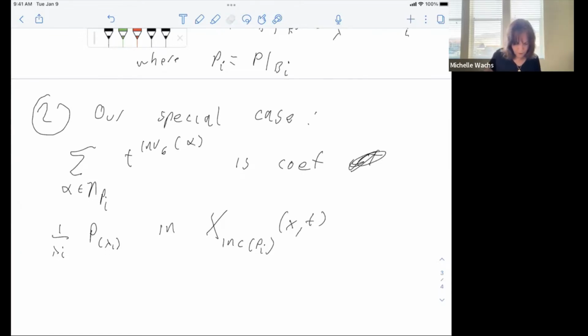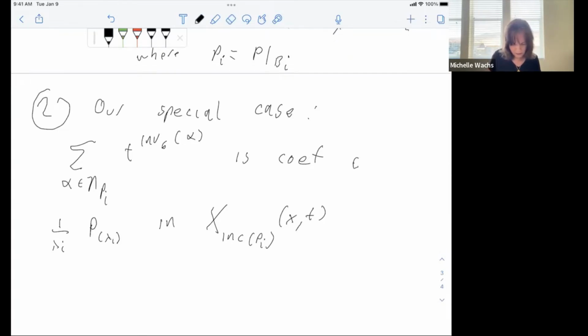Let me call the coefficient c_lambda_i, P_i. Okay, so that's the coefficient.